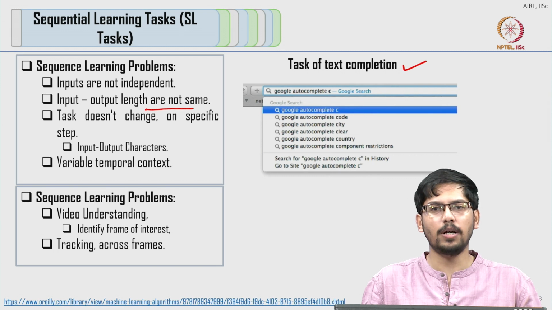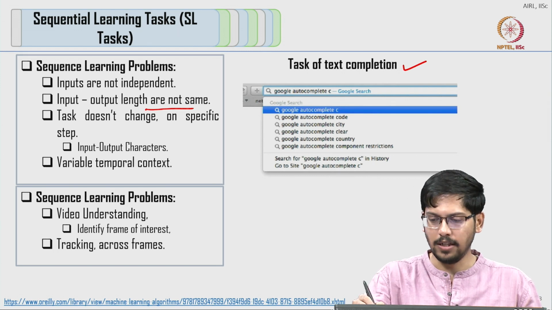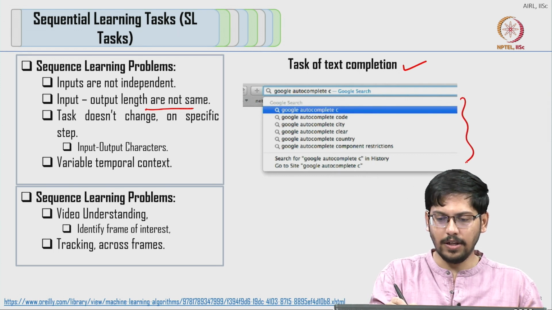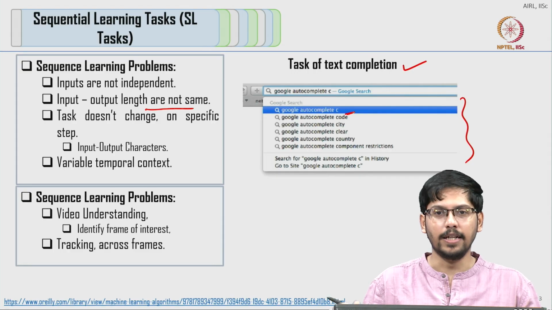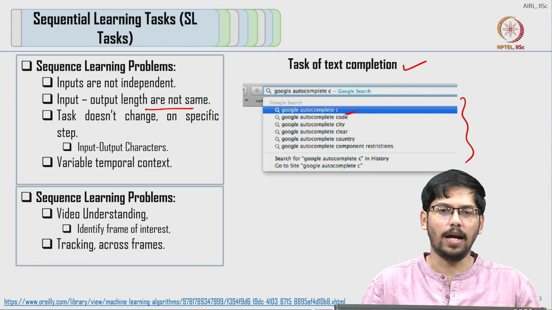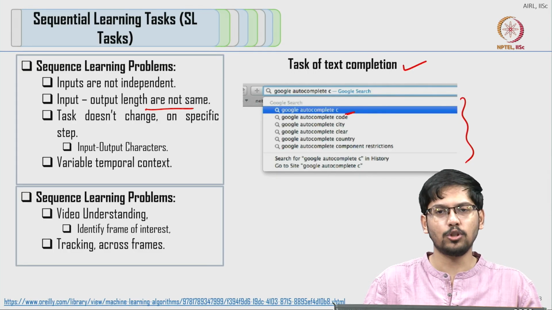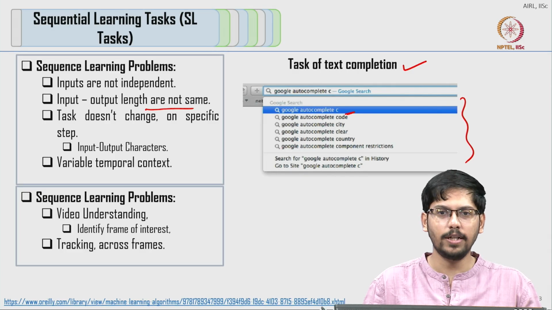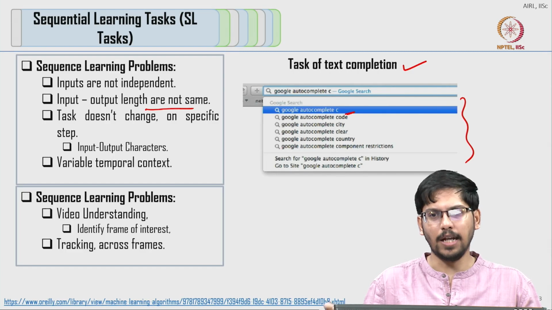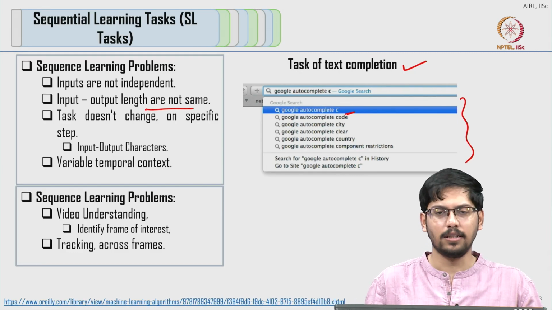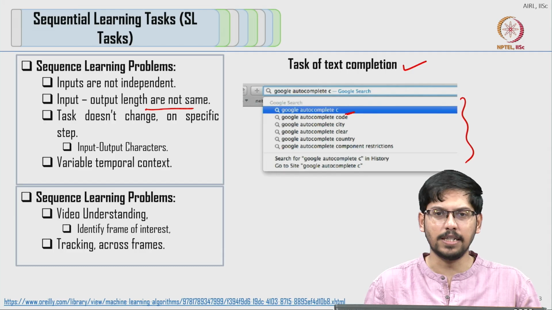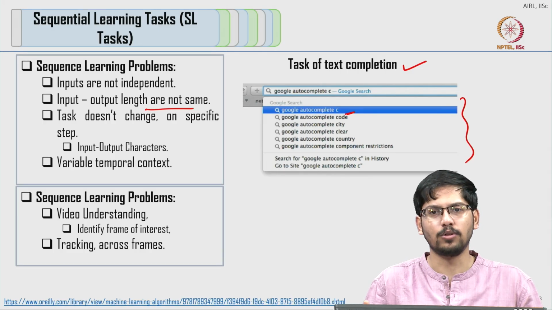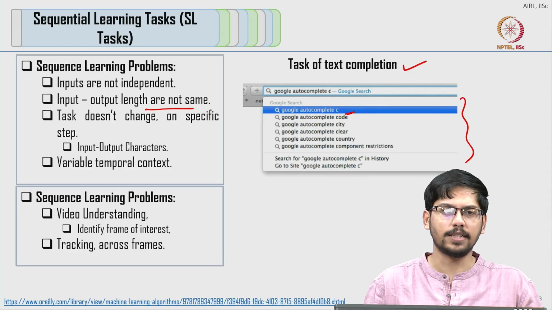So this could be a text completion that we see here, where we are supposed to give an incomplete input, and the model is supposed to complete the whole word, right, and depending upon the input it would approximate an output. However, since we keep on adding more letters, the context of the input keeps changing, and hence even the output context keeps changing.